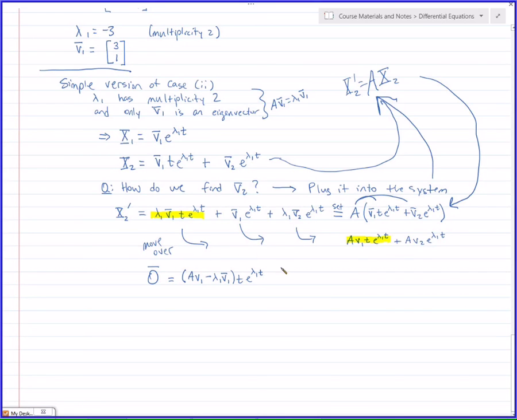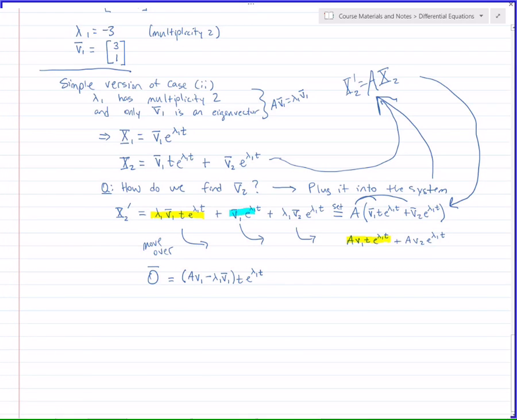That's the yellows. And what do I get? Let's do blues. Just the e to the lambda 1t's have all of these together.